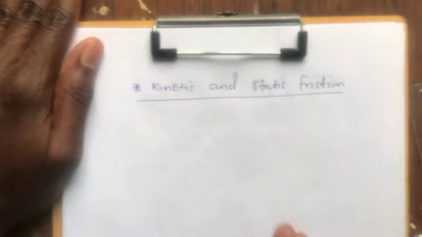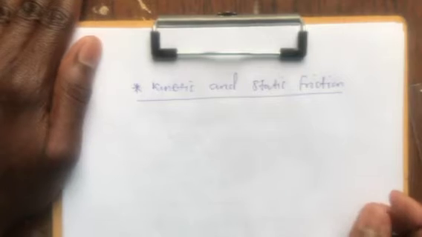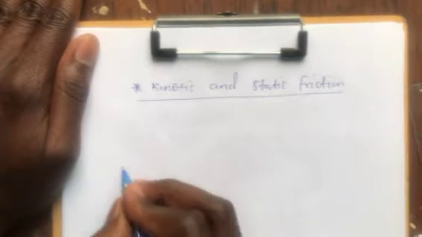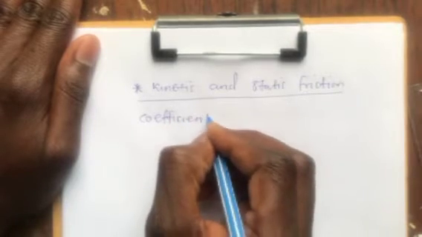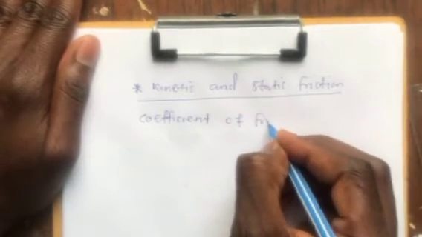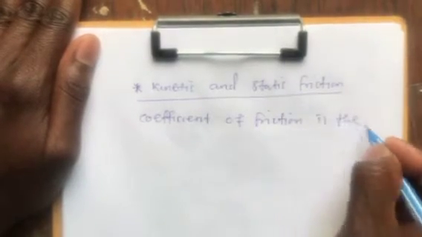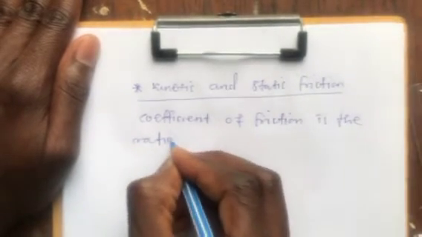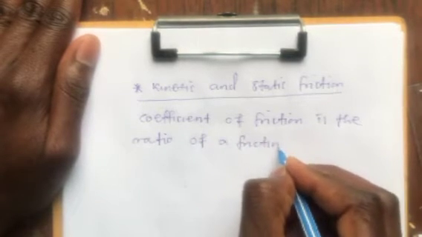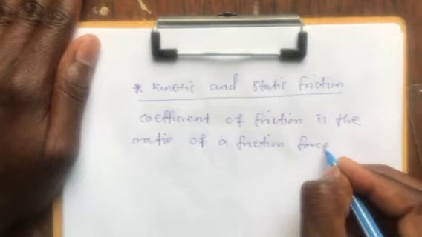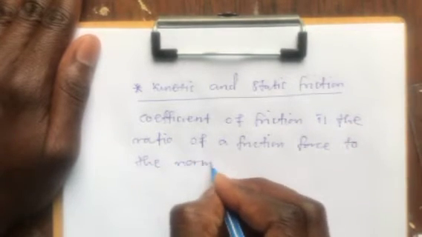Friction force can only be related to normal force using what we call the coefficient of friction. How do you describe the coefficient of friction? The coefficient of friction is the ratio of the friction force to the normal force.